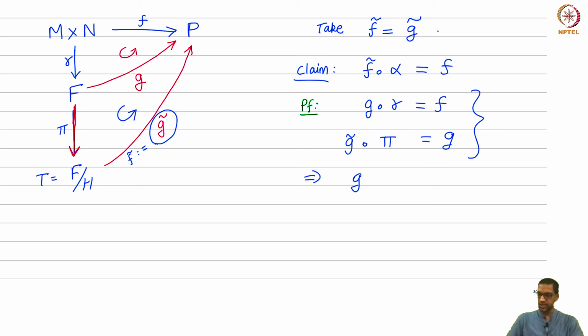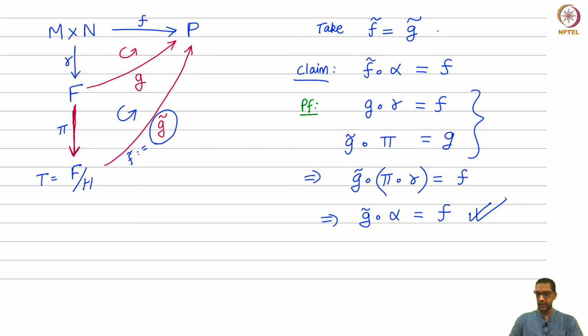So this means that G tilde composition pi composition gamma is equal to F. But pi composition gamma is exactly our alpha. That was our definition. So G tilde composition alpha is exactly F. So that's exactly what we need to prove, right? We are calling F tilde as G tilde. So this is done.